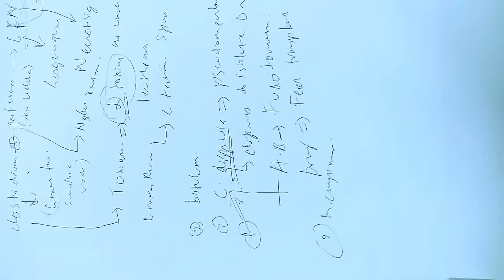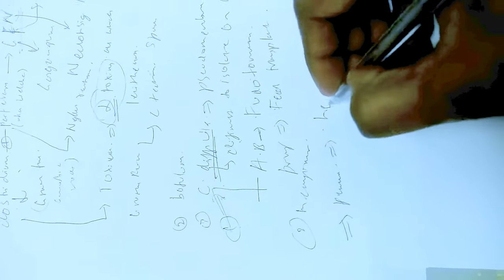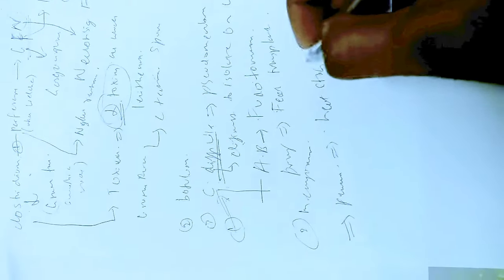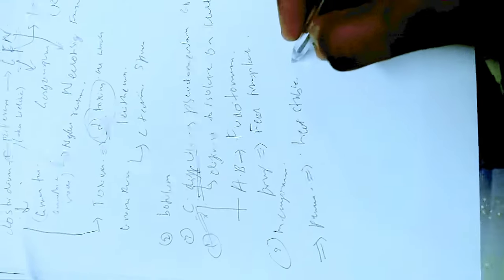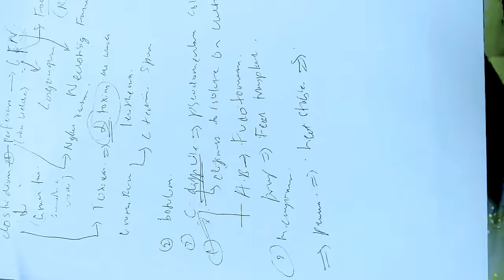And one more thing you have to remember is that the toxins produced by perfringens are heat stable. Heat stable means even if you cook the food, the toxin will remain; the organism will die, but the toxin will last.